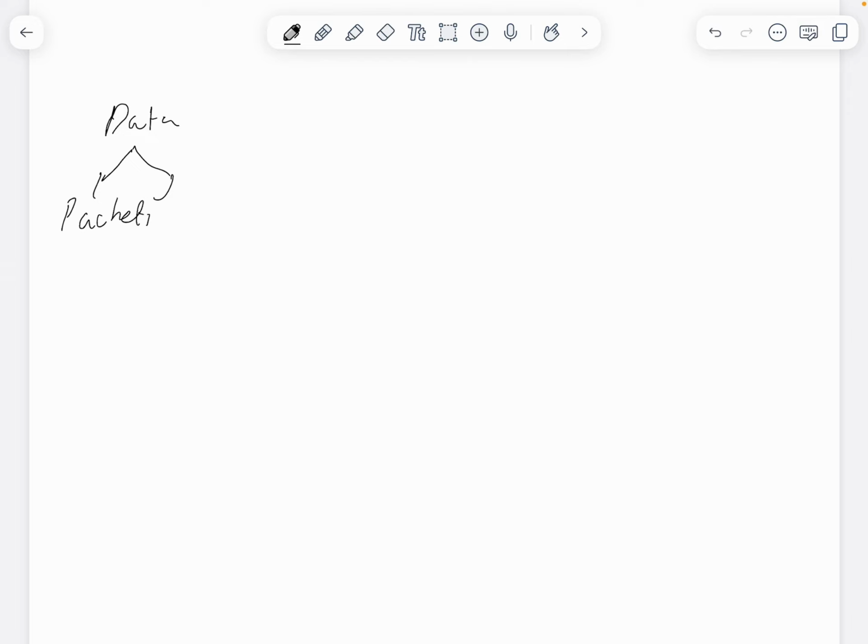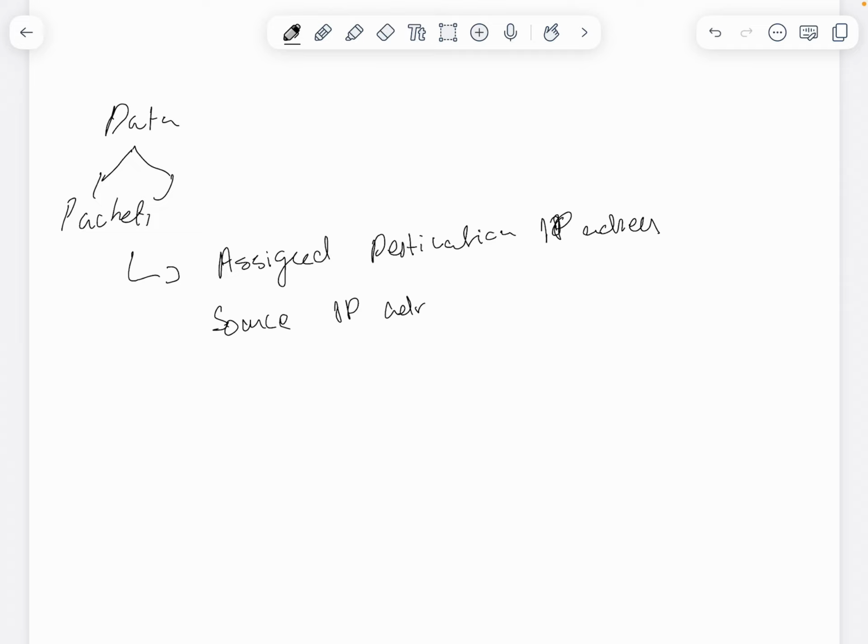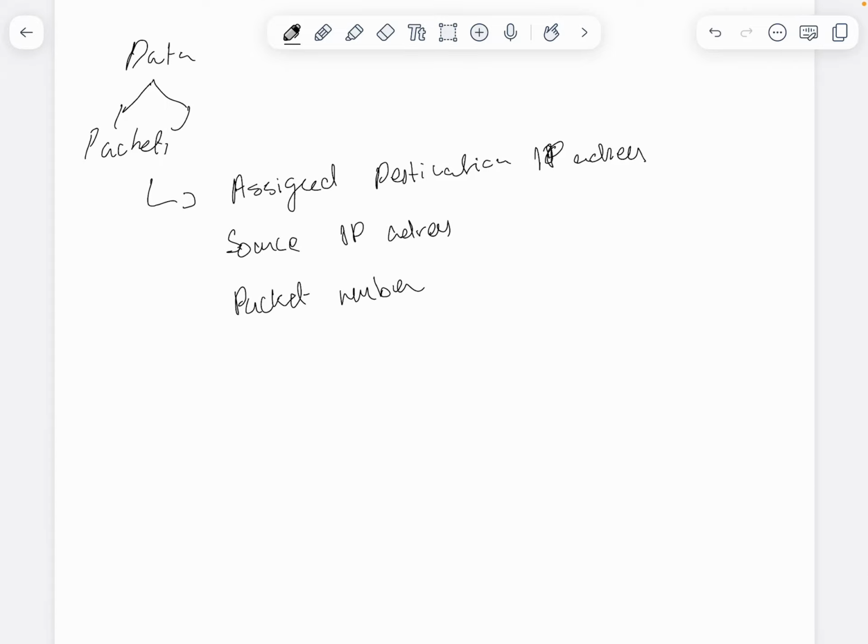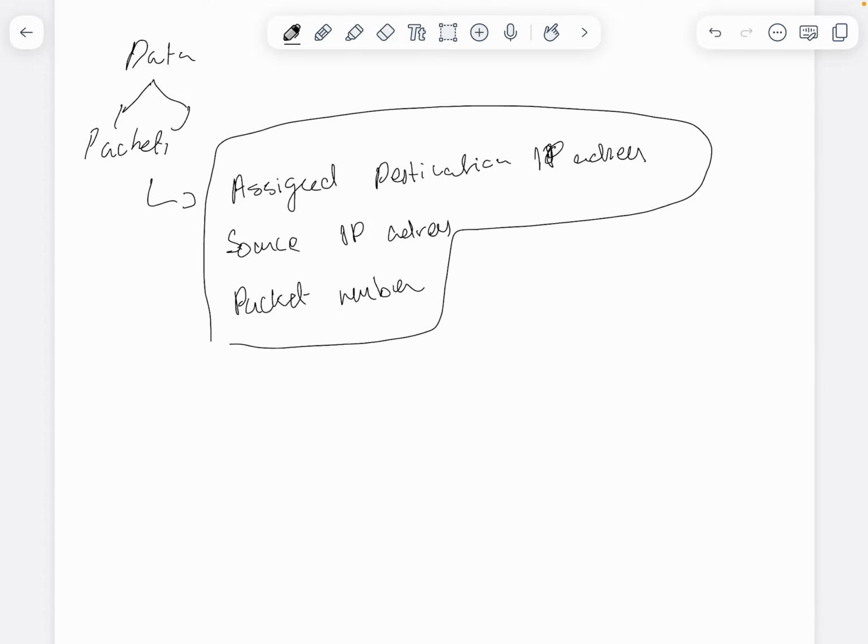These packets are then assigned a destination IP address, source IP address, and a packet number. Okay, the packet will hold these three main things.